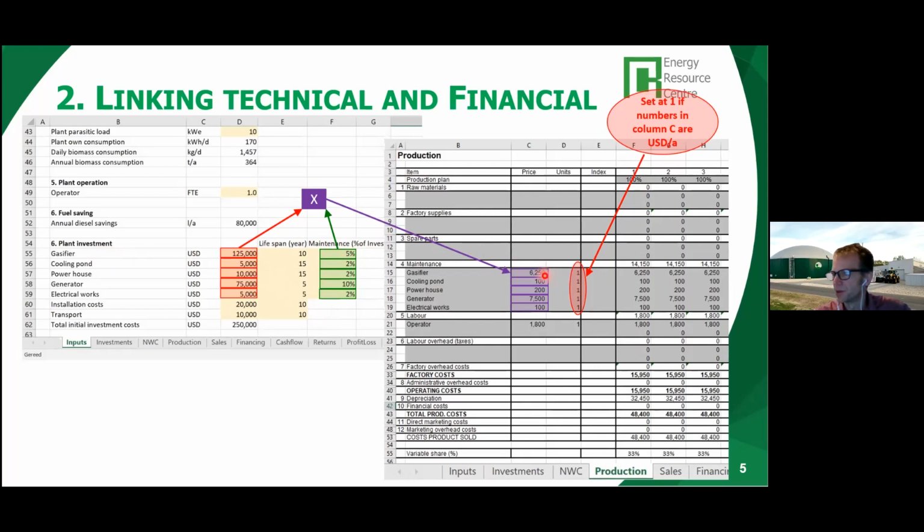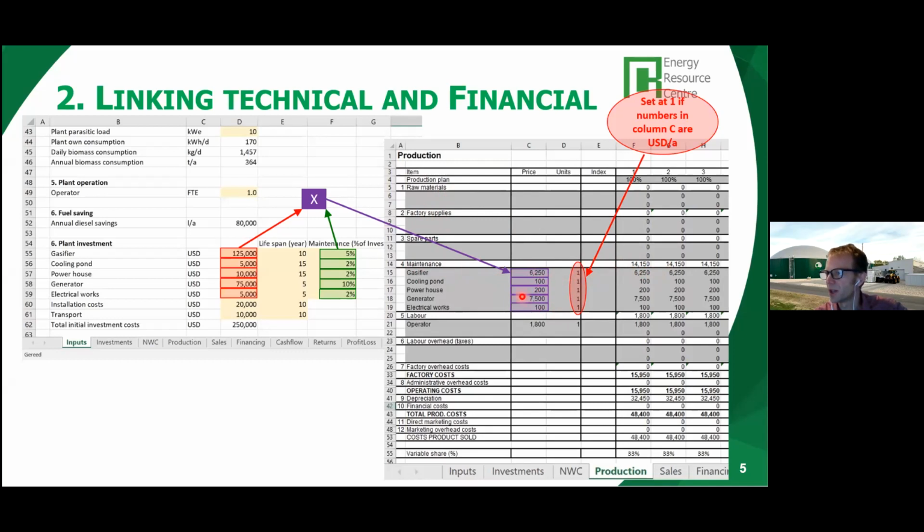The sheet has a functionality where you can define the number of units for each of the cost items, and define a unit price, so that in the end you get for each year a certain total cost for that particular item.